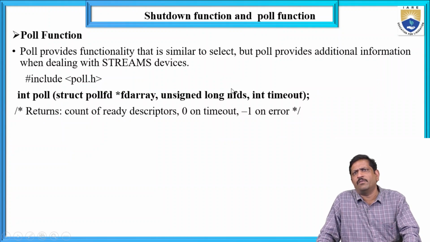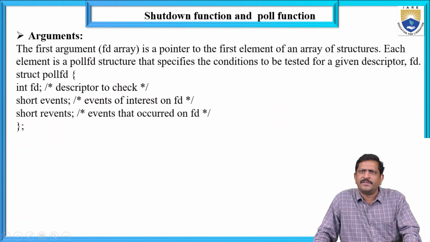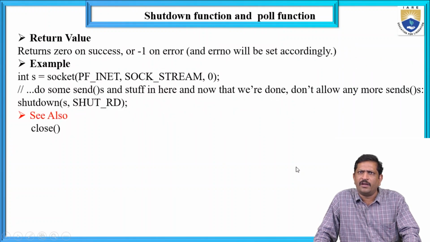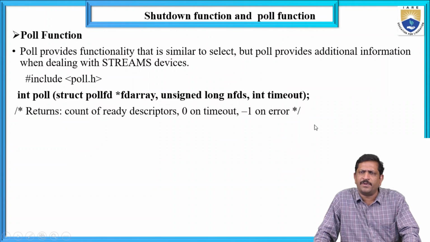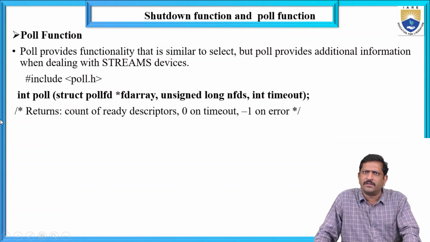Now the poll function. What is the poll function doing? Particularly, the device will select a particular secondary device. If you are transmitting data from a primary device to secondary devices, with the poll function the specified device will be selected, and the poll function transmits the data to that selected device.